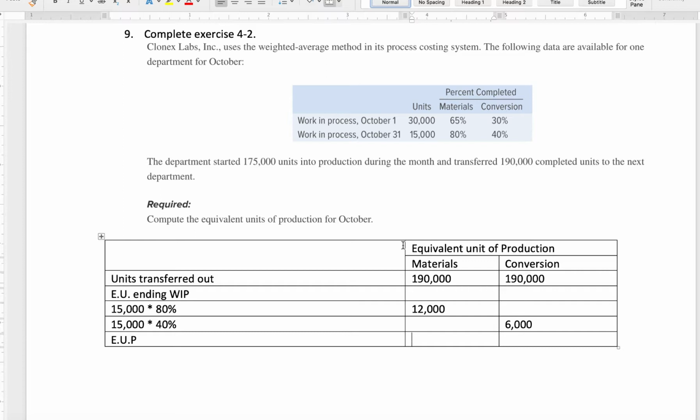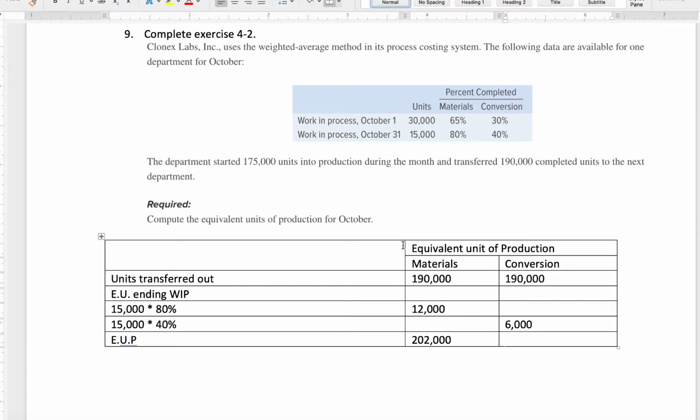I took the units transferred out of 190,000 plus the 12,000 equivalent units with respect to material that are still sitting in ending inventory. I have 202,000 equivalent units of production. How many equivalent units of production do I have with respect to conversion costs?